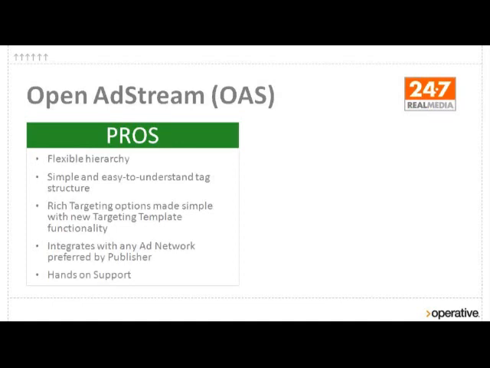So when we look at the pros of OpenAppStream, that flexible hierarchy and simple to understand tag structure really is a major pro, and comes up whenever we discuss it, and when we've been working with them and with other publishers who are using them. It's something they always bring up as something that they like about OpenAppStream.